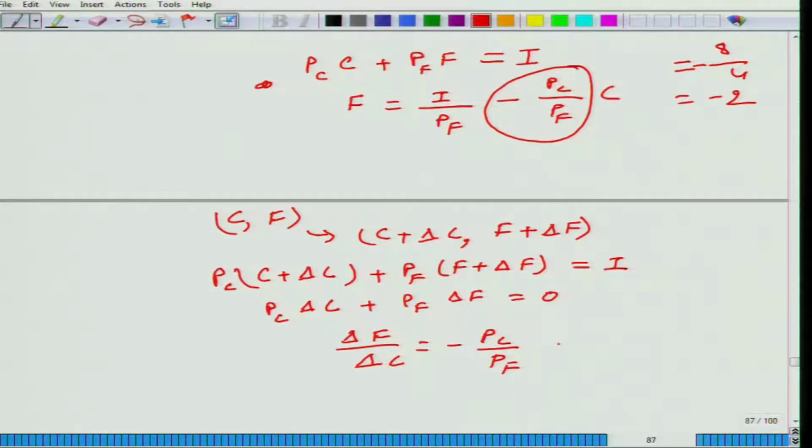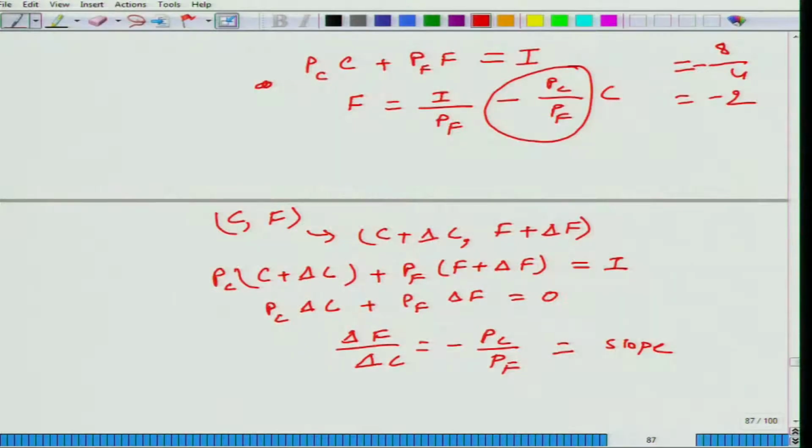Delta F by delta C, this is the slope, because delta F is the rise and delta C is the run. So, slope is equal to minus P C by P F, that is what we got here, and here we again get it using mathematics.